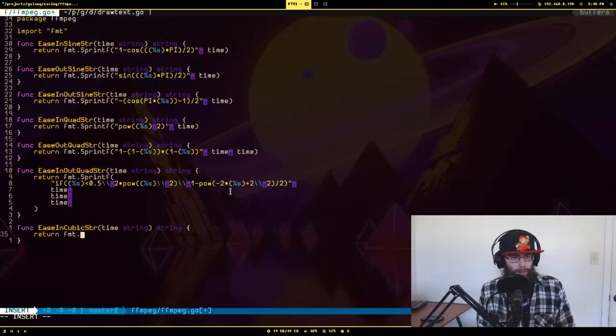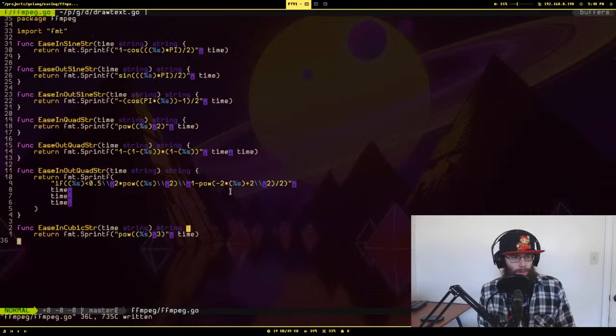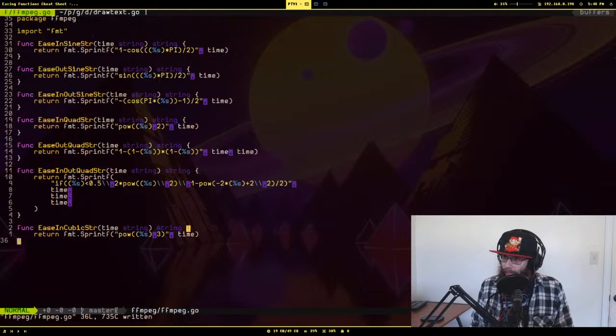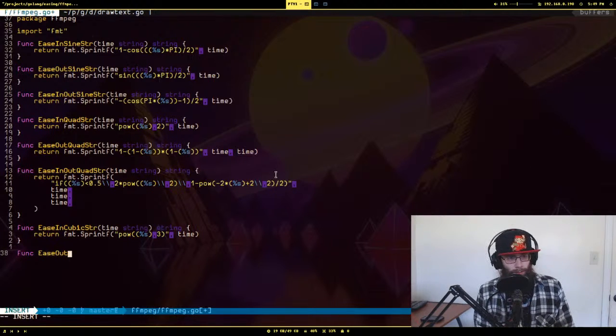Return, yes, printf, pow, %s, 3. Bro, that one function that had like 4 conditionals is gonna look like a train wreck when I get to it. But I'll also be equally amazed if it actually works. Ease out cubic.